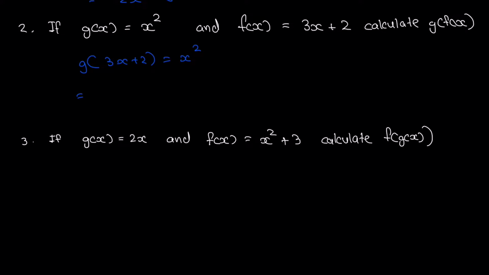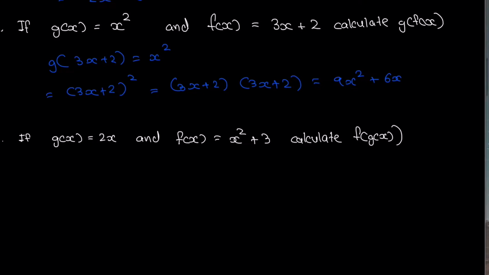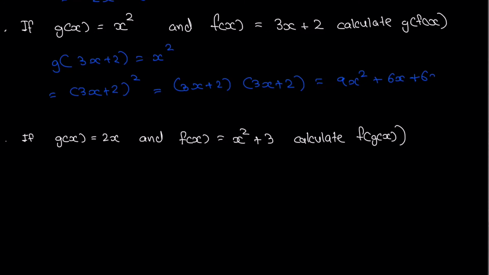Now we substitute this into here, so we get 3x plus 2 squared. This equals 3x plus 2 times 3x plus 2, which is 9x squared plus 6x plus 6x plus 4. This equals 9x squared plus 12x plus 4. That's your answer right here.